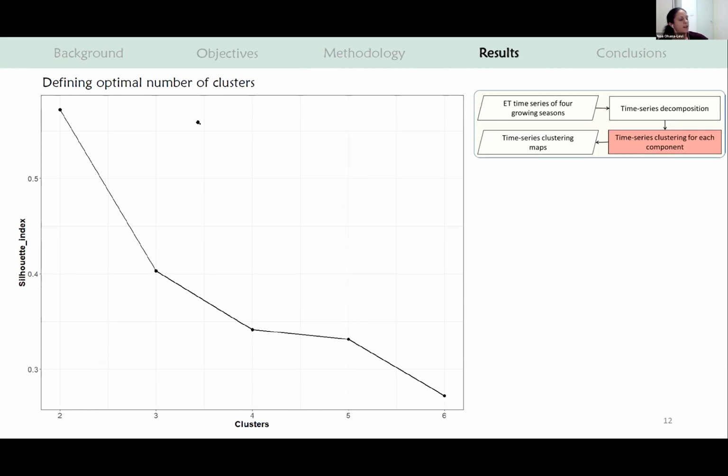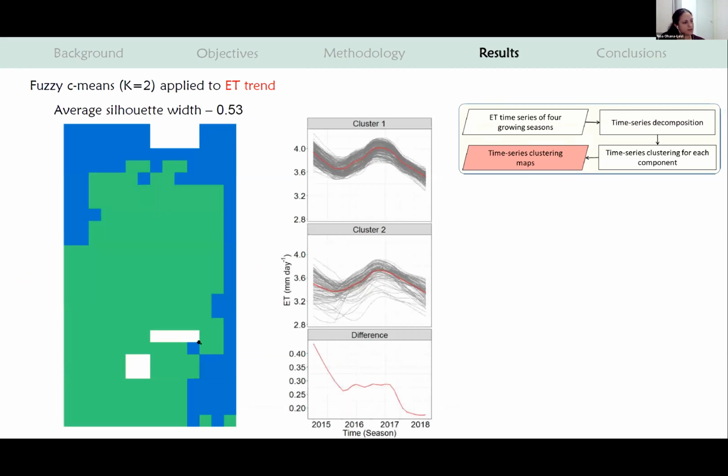And what we see here is the management zones for the trend component of the evapotranspiration. The green area is cluster 1 and the blue area is cluster 2. The first thing that pops up is that cluster 1 on average has higher values of ET than the blue pixels in cluster 2.